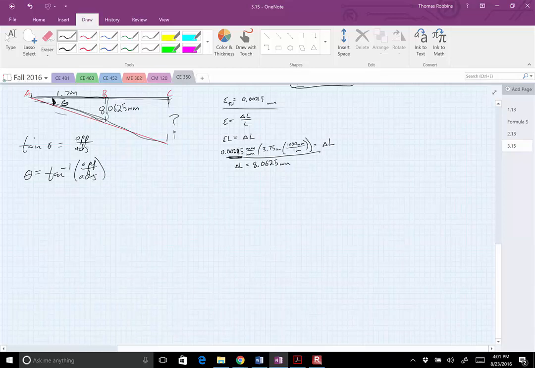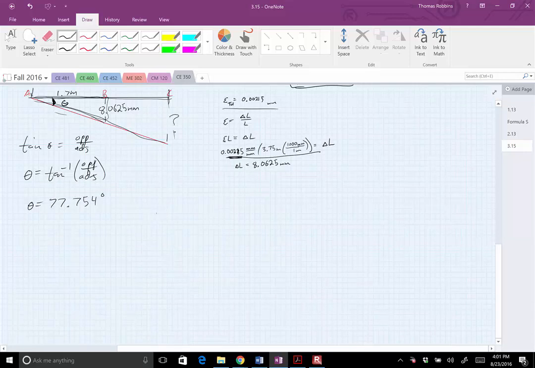Plugging in the values of these triangles, we got theta equals 77.754 degrees.